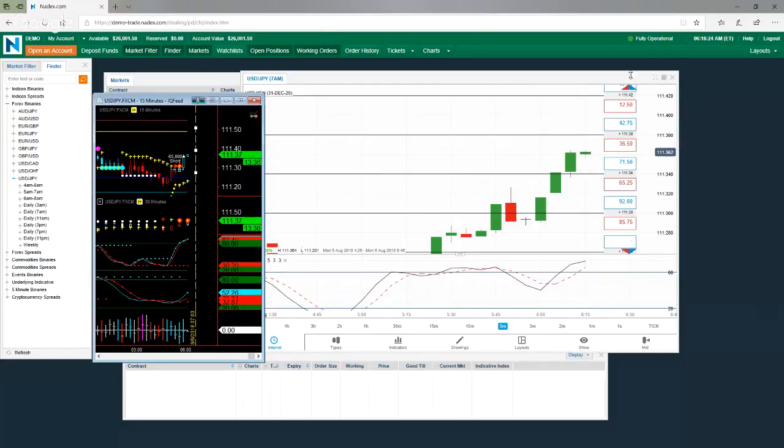And you can see I'm in demo so that you can see this trade example. Still no indications that you're getting a reversal bar yet.